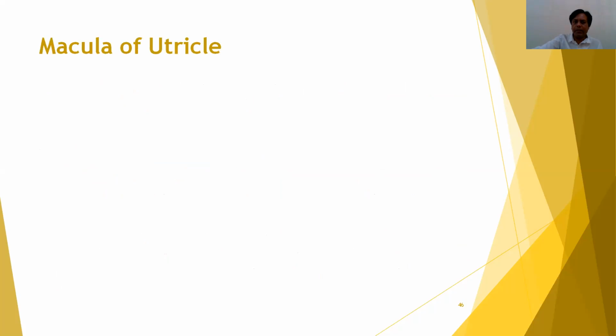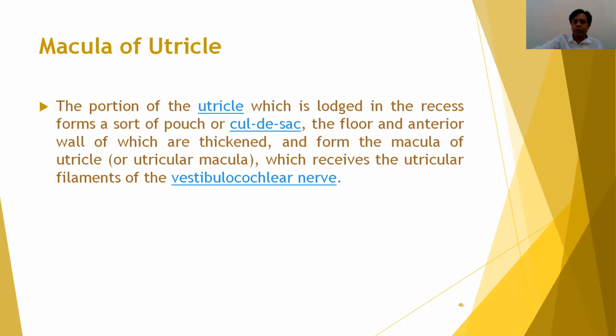Then macula of utricle. The portion of the utricle which is lodged in the recess forms a sort of pouch or cul-de-sac, the floor and anterior wall of which are thickened and form the macula of utricle, which receives the utricular filaments of the vestibulocochlear nerve.